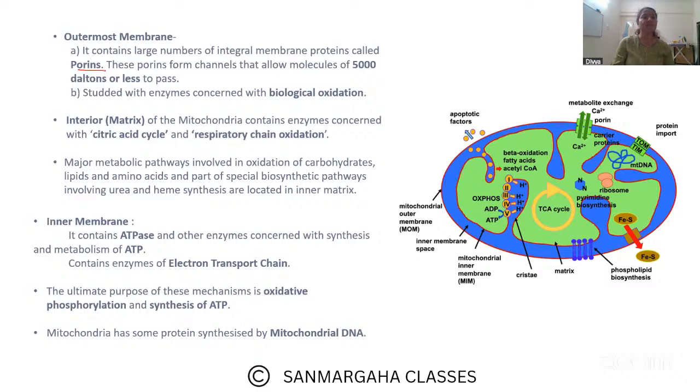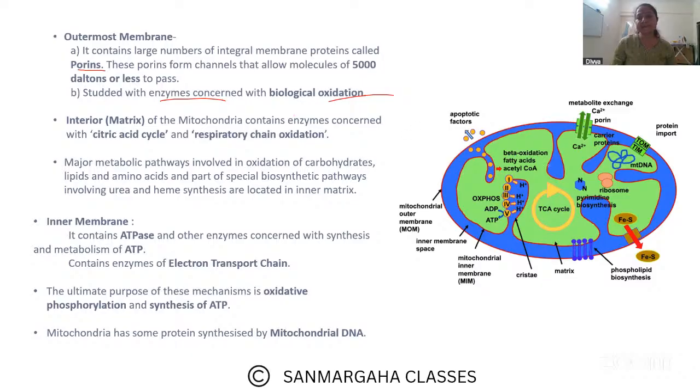Okay, and this mitochondria is also provided with many enzymes which are concerned with biological oxidation. So when biological oxidation takes place, energy is formed. Okay, so biological oxidation has to take place.